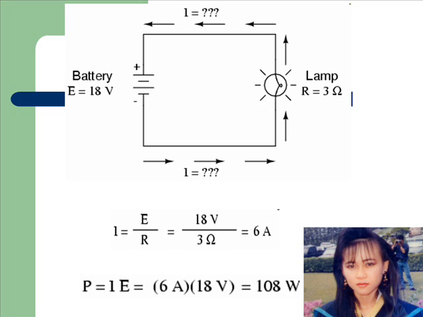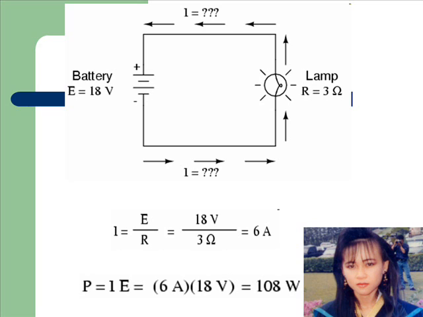Calculating electric power. We've seen the formula for determining the power in an electric circuit by multiplying the voltage in volts by the current in amps. We arrive at an answer in watts. Let's apply this to a circuit example. In the above circuit, we know we have a battery voltage of 18 volts and a lamp resistance of 3 ohms.